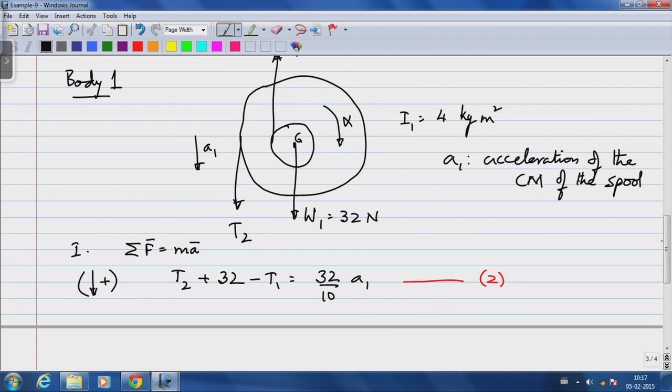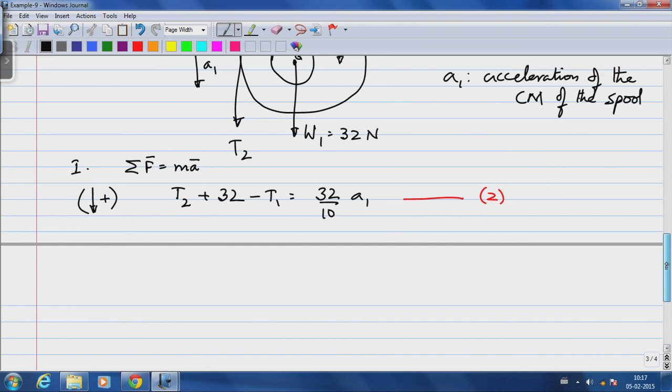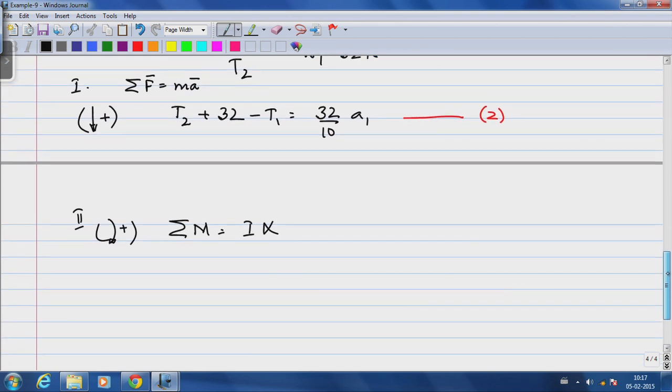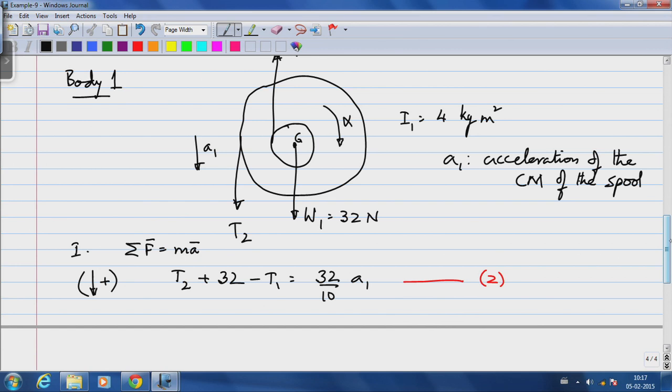Okay. So, the way we do this is, let us first write this and then we will draw the relationship. So, if I take clockwise positive as my sign convention for applying Euler's second law, and like we said, we will always choose the center of mass as our point about which we take the moments and the moment of inertia.